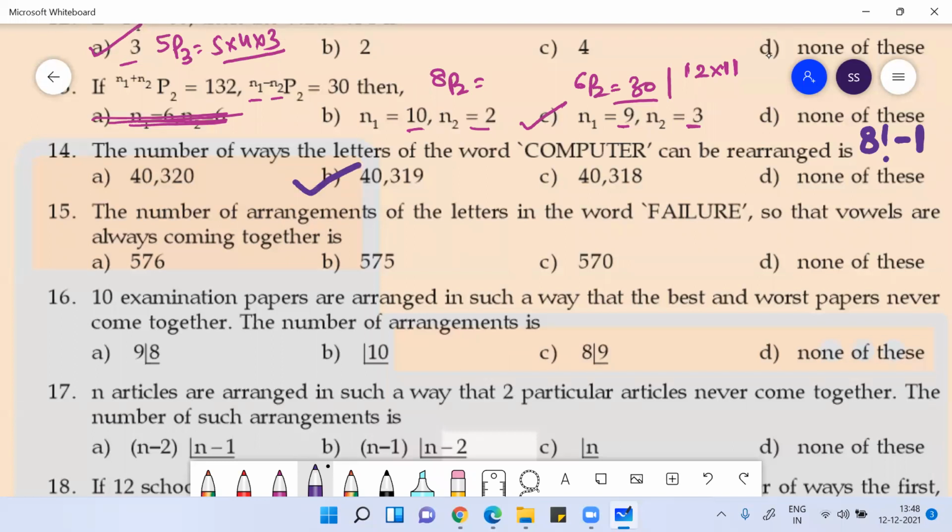Option B. Clear, everyone? Till question 14, anyone have a doubt?